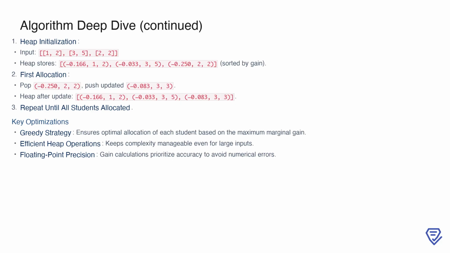The algorithm's greedy strategy ensures that each student is allocated optimally to maximize the overall pass ratio. Key optimizations, such as efficient heap operations and careful gain calculations, ensure the solution remains computationally efficient while maintaining accuracy in floating point operations. This combination of strategies allows the algorithm to handle even large and complex inputs effectively.